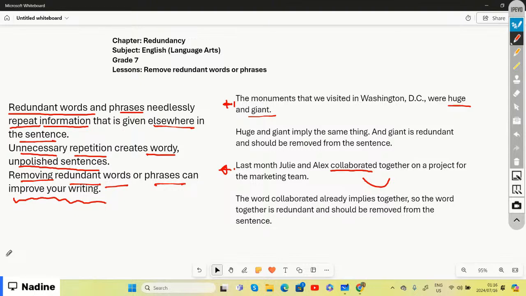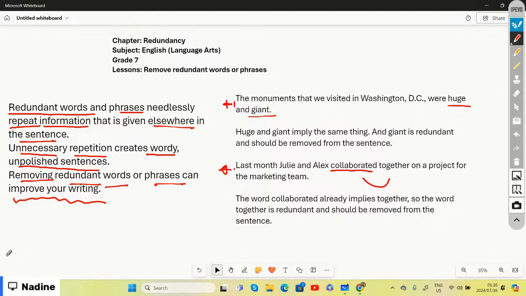And before we continue, redundant words and phrases repeat information, and unnecessary repetitions create wordy and unpolished sentences.